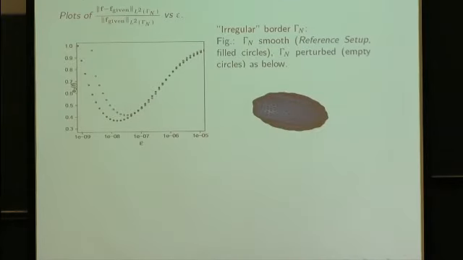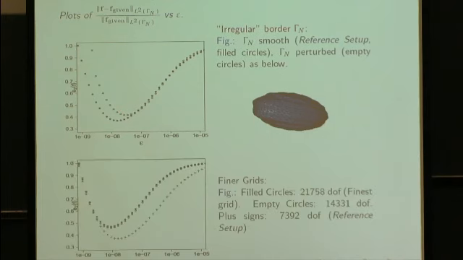Also, we have tested our machinery in a case when the border with the internal border is not so trivial. We have perturbed our ellipsoid with some bumps, and what we can observe is that obviously error of reconstruction increases, but also increases the optimal value of epsilon.